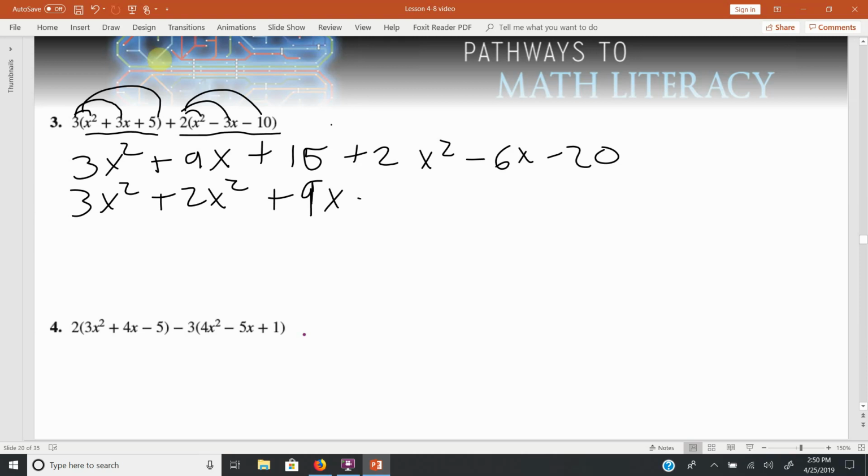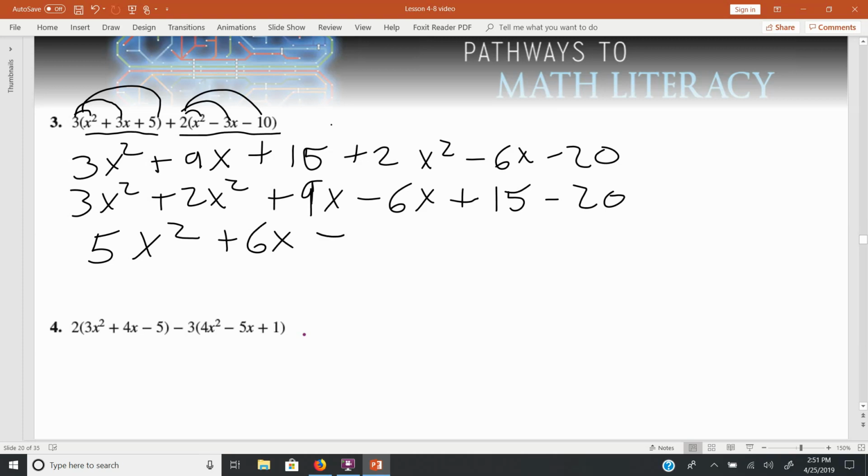I have to add 9x and subtract 6x, and then I add 15. I subtract 20. So I have 5x squared plus 6x minus 5.